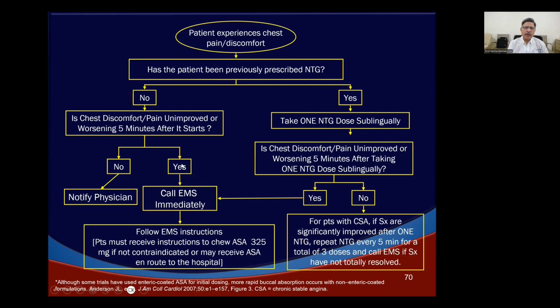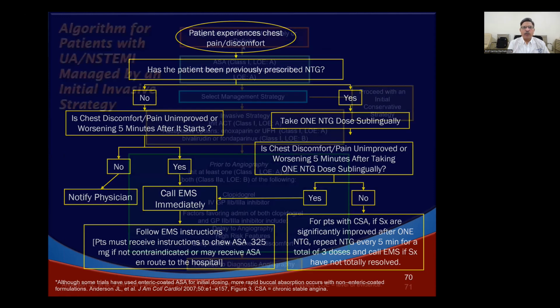Yes, you call EMS. And if there are no symptoms, then notify the treating physician. This is basically to say that if the patient is already on nitroglycerin earlier, you have to repeat the dose 2 or 3 times until the pain subsides.